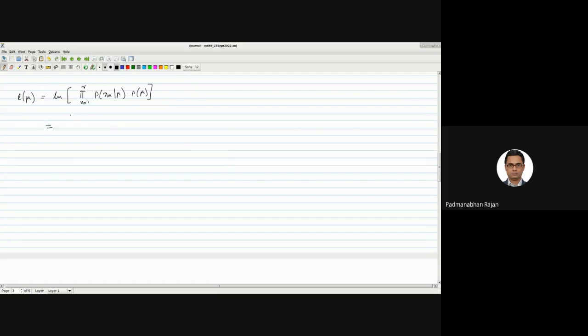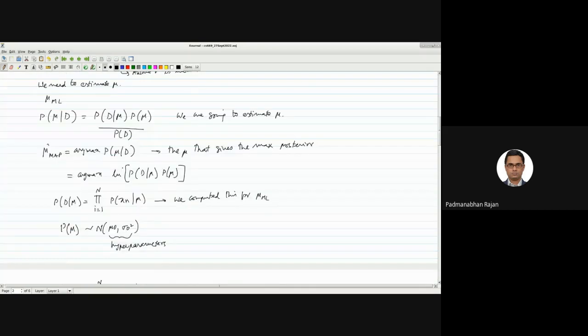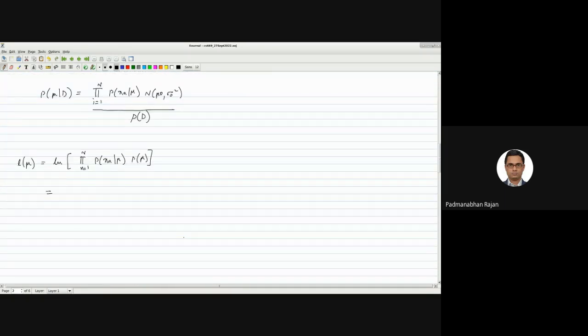Since we have assumed normal form, x given theta is normally distributed with an unknown mu and a known sigma square. And we also know that mu is distributed according to a known mu naught and a known sigma naught square. So we can apply those two results here.